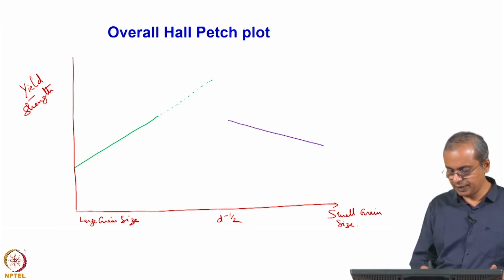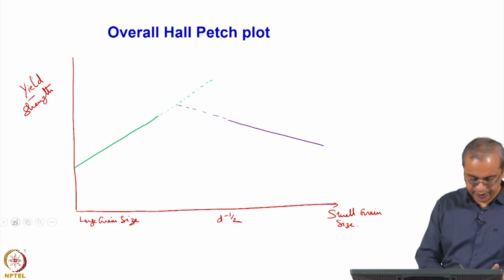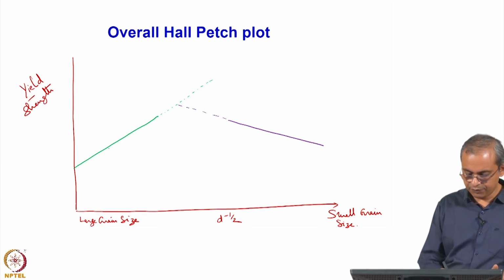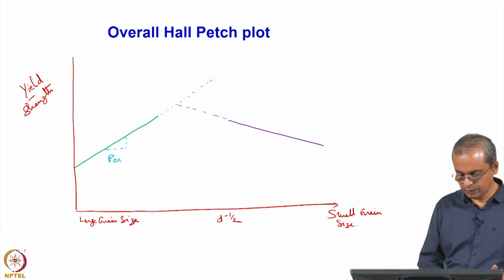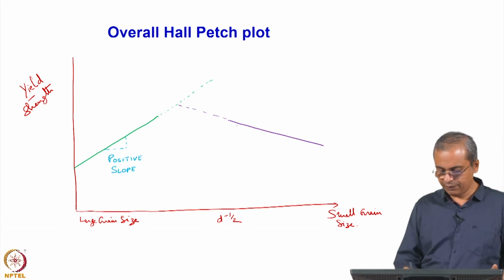So, you can extrapolate that. So, you can see here we have a positive slope here, and we have a negative slope here.